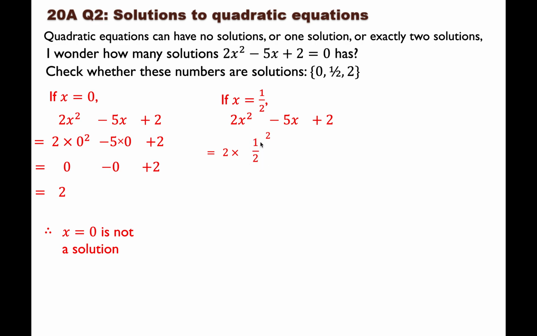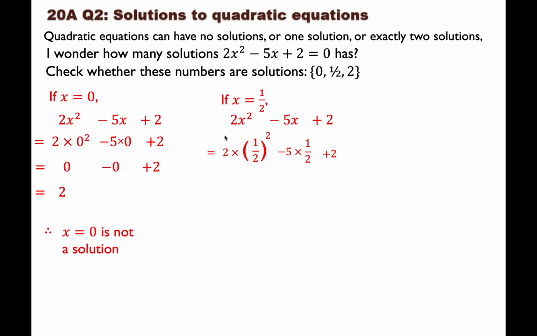So to show that the whole fraction gets squared, we can put it in brackets. Now we can see, oh yeah, the whole half gets squared, not just the top. Minus 5 times x is a half, so I can replace x with a half, and then add 2.